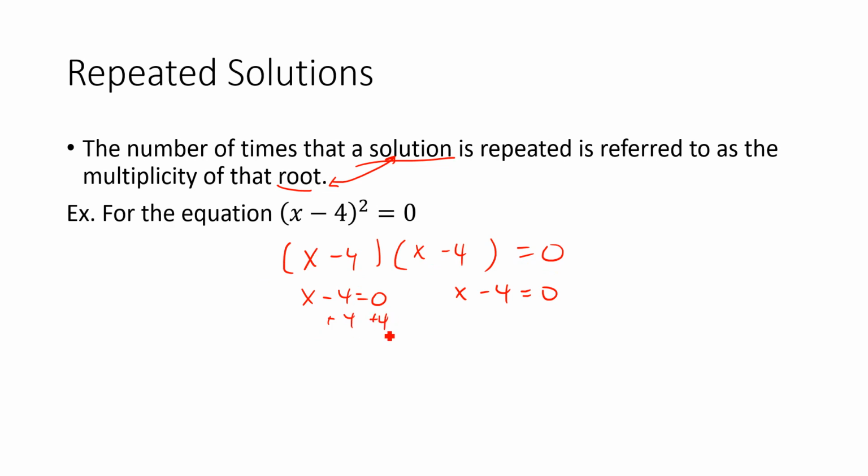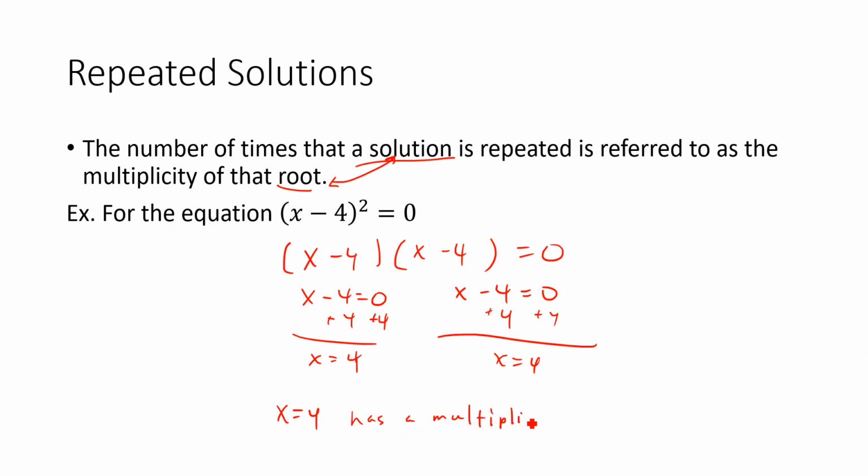So they only equal 0 at these values, which are x equals 4 and x equals 4. So that means x equals 4 has a multiplicity of 2 because it repeats twice.